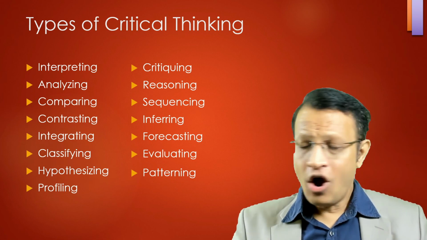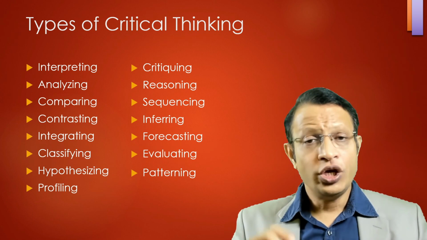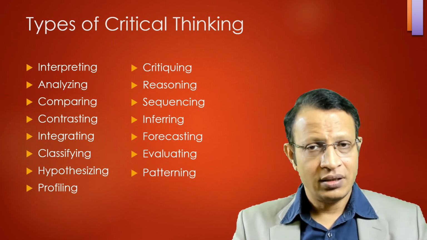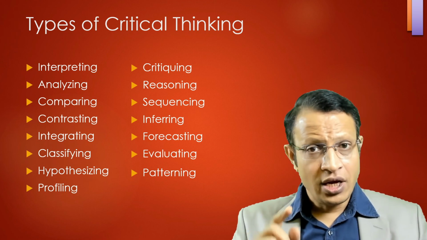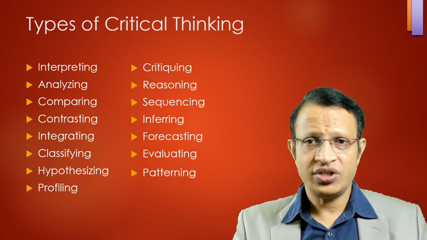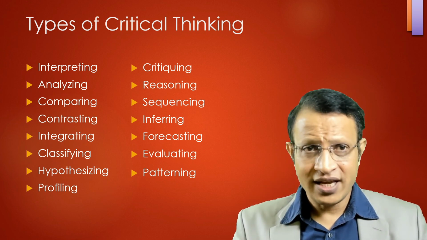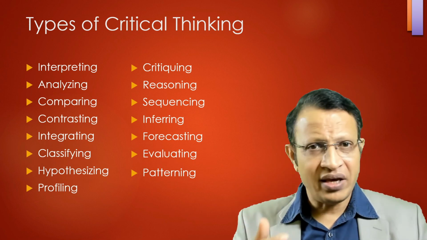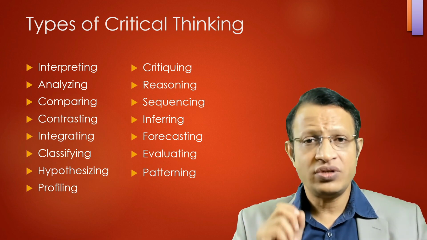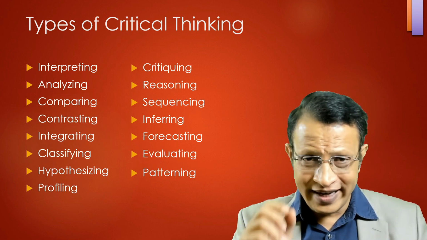That means all these types of thinking are called critical thinking. You need to have this to have problem solving skill. That means critical thinking is very, very essential. The first step is creative thinking. And once you have the information and innovative ideas, then you will start doing all these things like interpreting, critiquing, comparing, contrasting the solutions available. And you will finally take a decision based upon the evidence in the data.